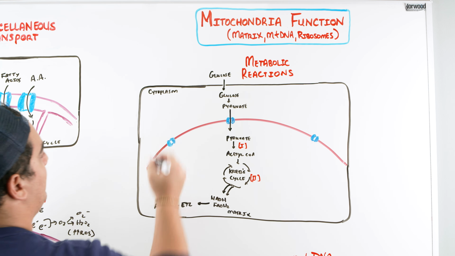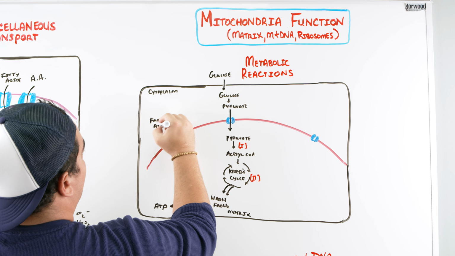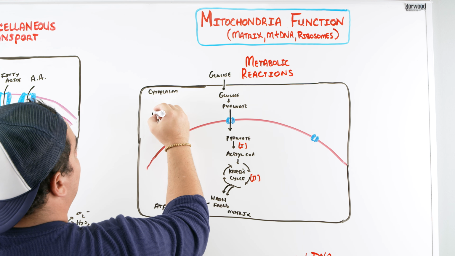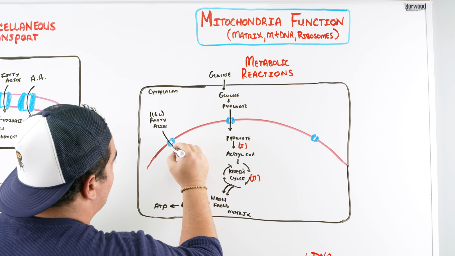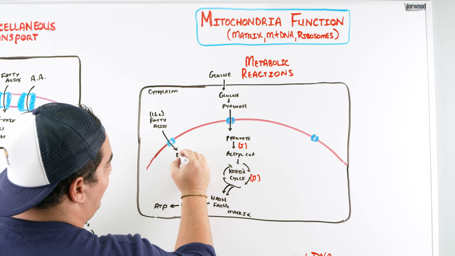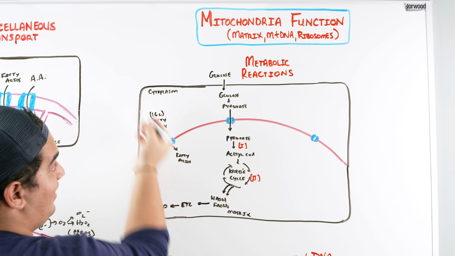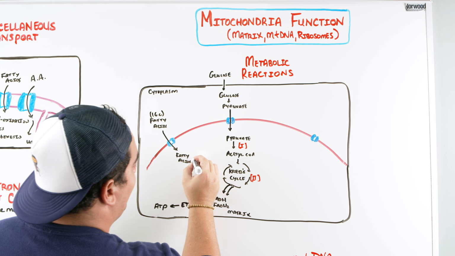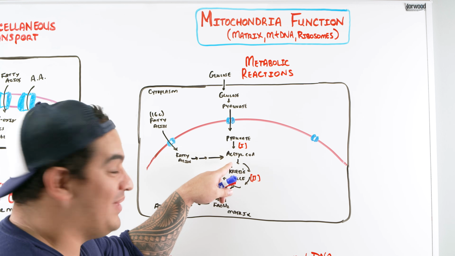Whenever we take something like fatty acids, these are just long chains. Sometimes these can be like 16 carbons long. We can bring these into the mitochondrial matrix across the membrane. So that's another example of transport across that. And then they can go through a series of metabolic reactions where they get broken down into acetyl-CoA.